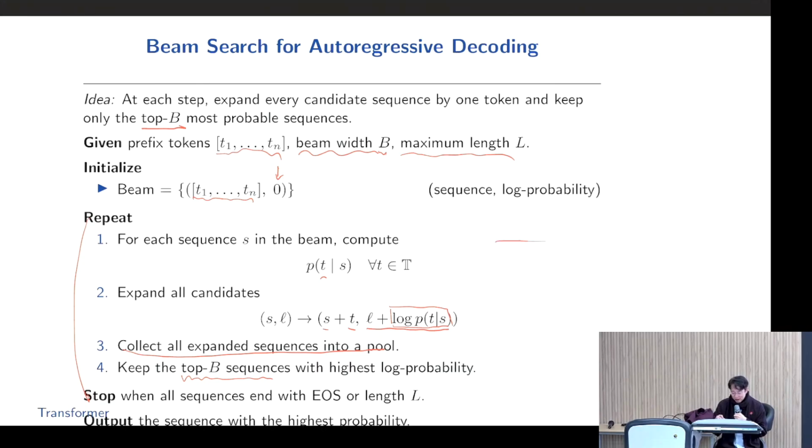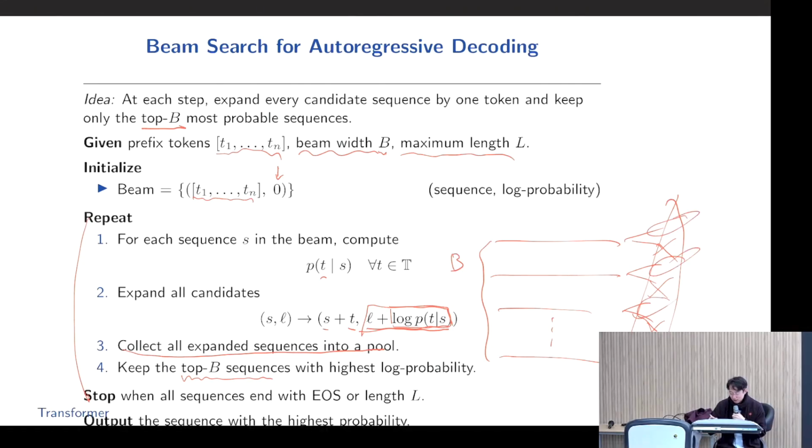So you have a set of candidate sequences in the beam, and this is of width B. Here you expand all possibilities and keep track of their respective joint probability or joint log probability. And then here you keep only the top B sequences in the pool. So many of them will get deleted if they're not in the top B ranking.